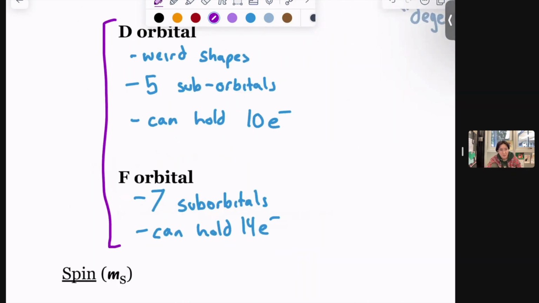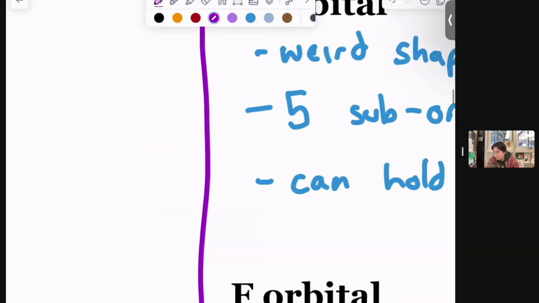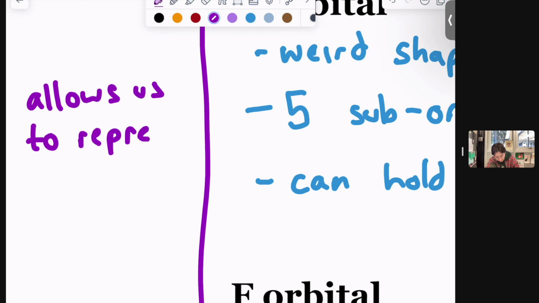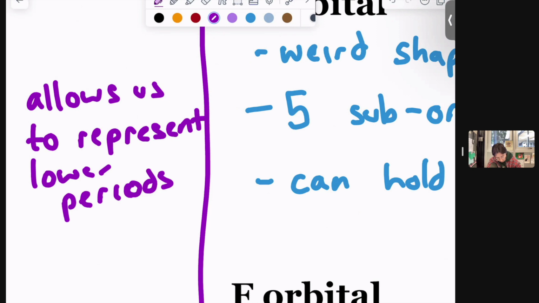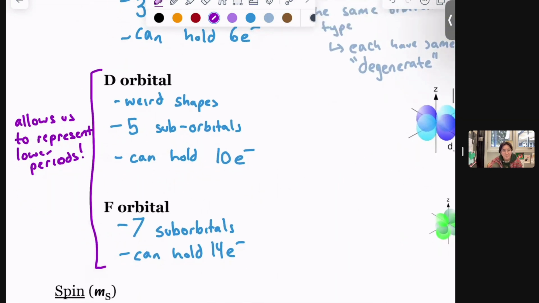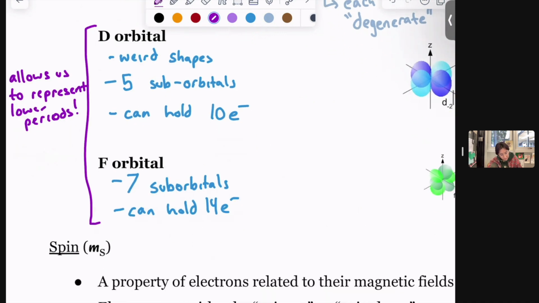But when we're using the d and the f orbital, this enables us to talk about the whole table. So that is one of the reasons that this is better than Bohr. We can talk accurately about all of our elements, not just our small guys.